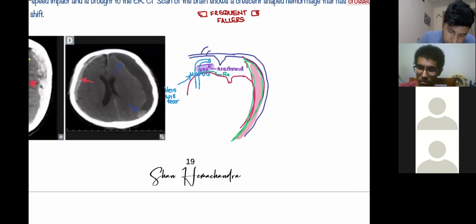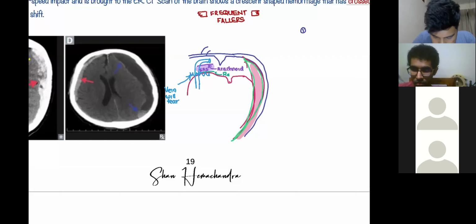Let me talk about it like this. Acute is a rapid deceleration injury.